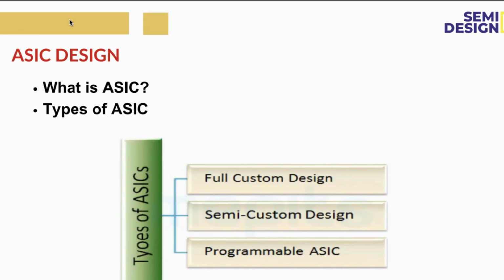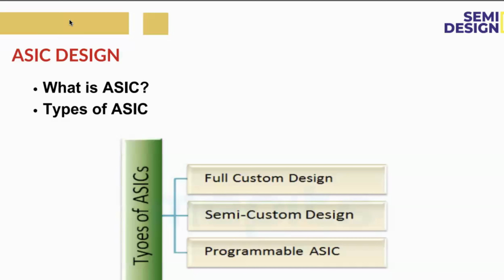ASIC is nothing but application specific integrated circuit. It is mainly used for non-standard integrated circuits. As the name suggests, it is only for a specific operation. It is a permanent chip used for the specific operation. There are different types of ASIC chips.